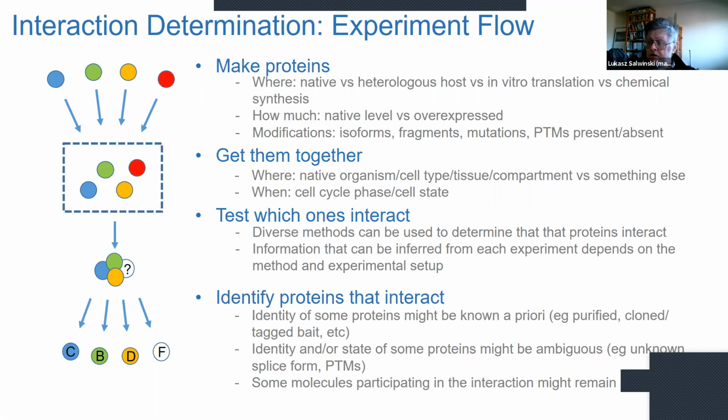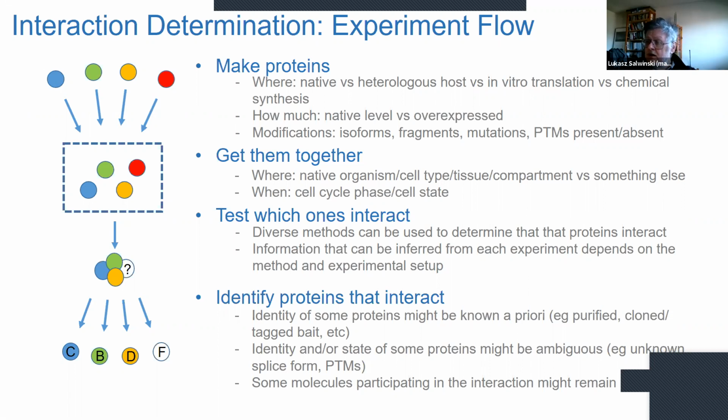There might be modifications that correspond to mutants that were observed in disease, and then one may ask the question: does the mutation affect the interaction of this particular protein? To check that, the protein would be made with those mutations present.